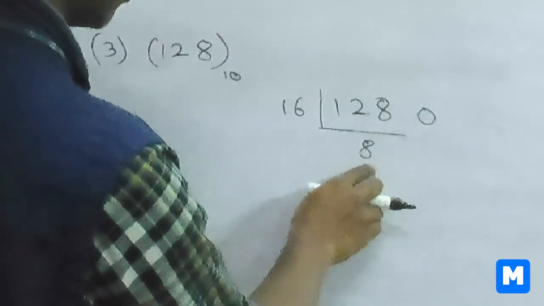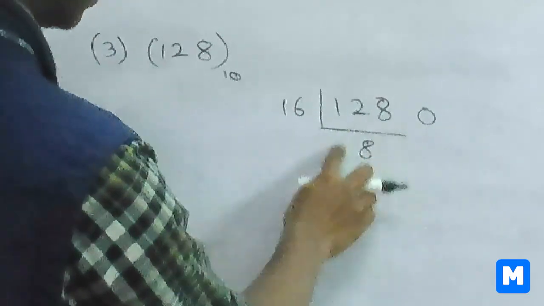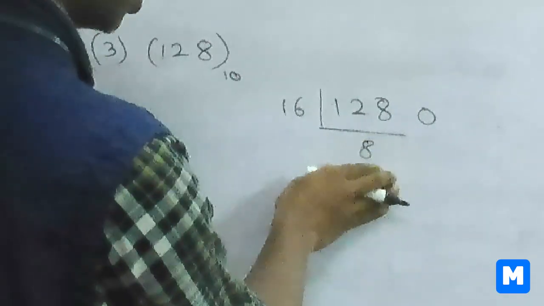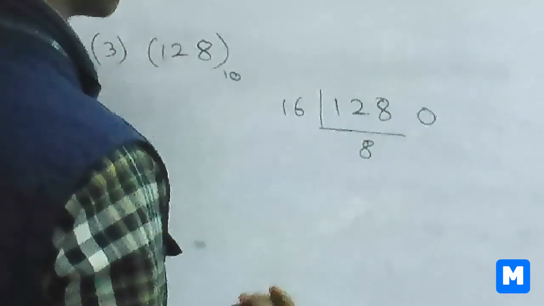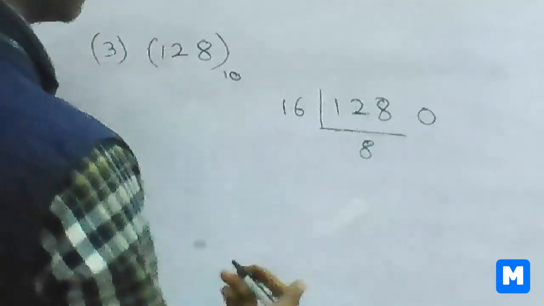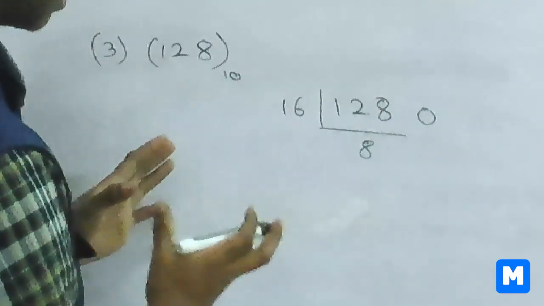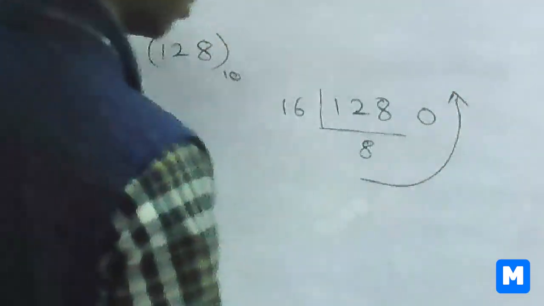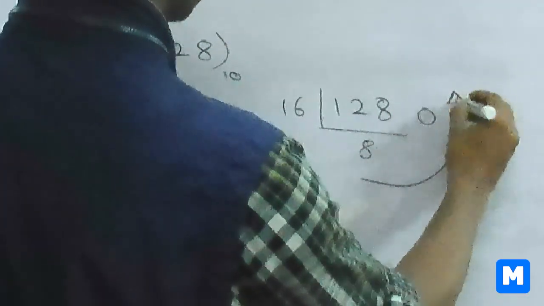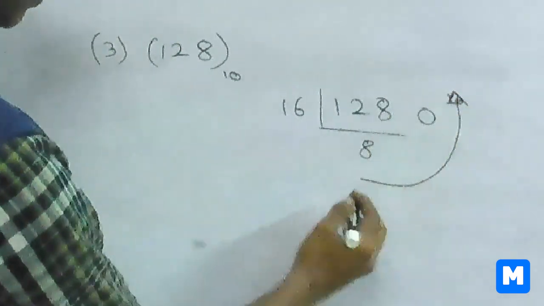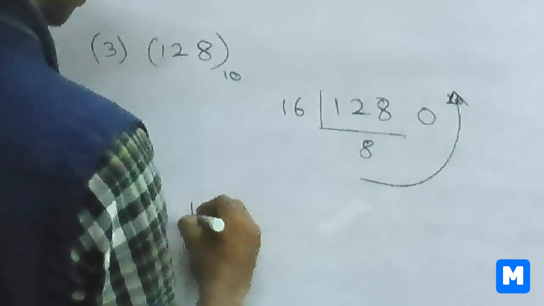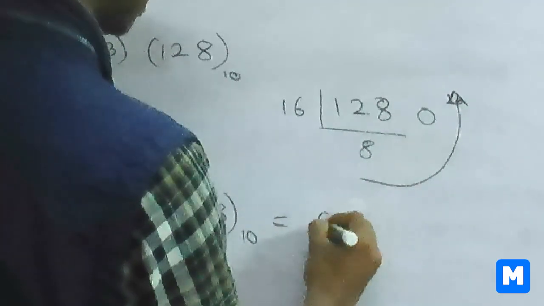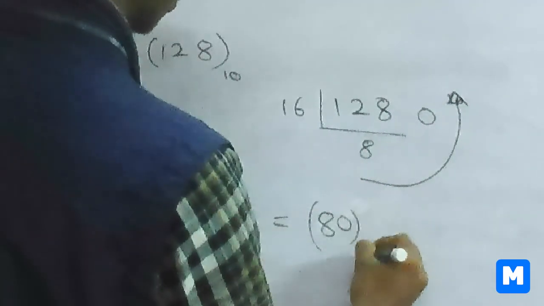So if we get a value of 0 to 15 in the last place, then we're good. Once we reach there, we can stop the repeated division. Now it's time for us to extract the results. In this case, we extract the information from the bottom to the top. So in this case our value will be 80. So 128 in your decimal system is nothing but 80 in your hexadecimal system.